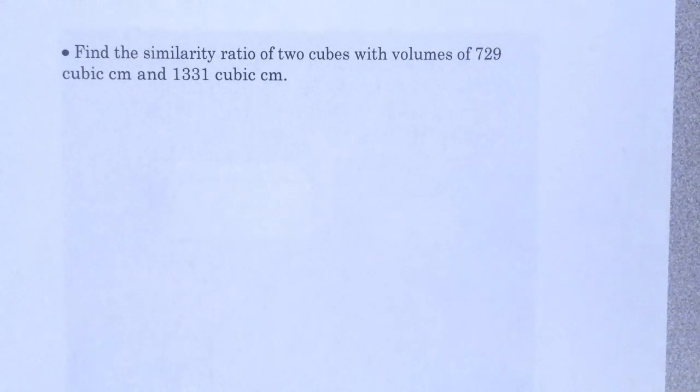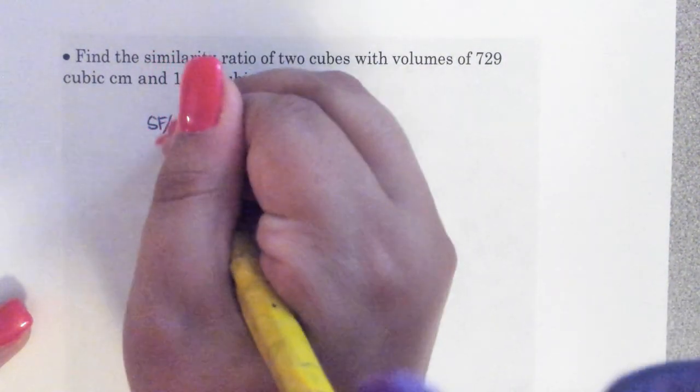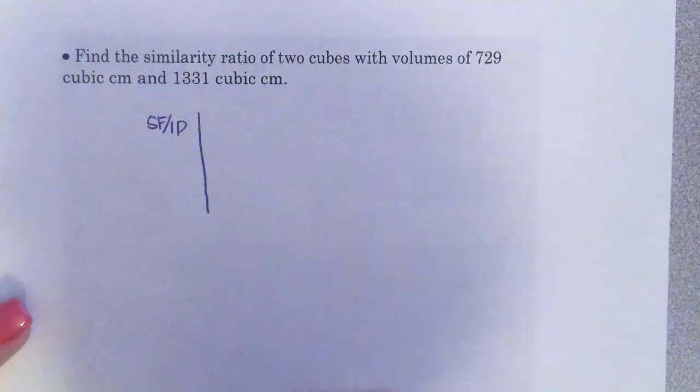Okay. It says find the similarity ratio of 2 cubes with volumes of 729 cubic centimeters and 1,331 cubic centimeters. So when you see that word ratio, that tells you you need to do your chart. Are you okay with me doing the scale factor and 1D in the same column because they're going to be the same every time?